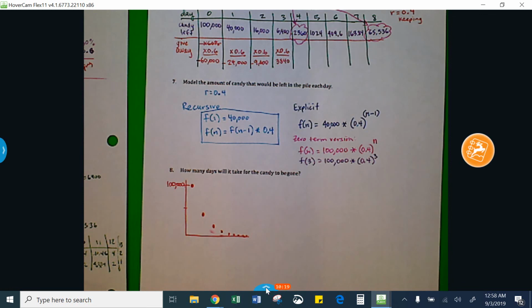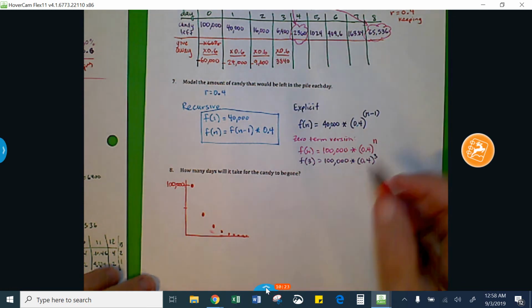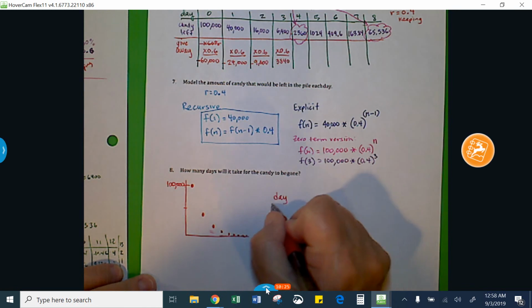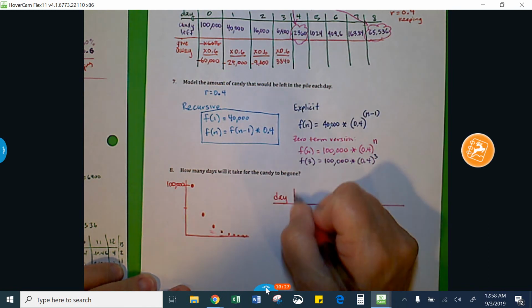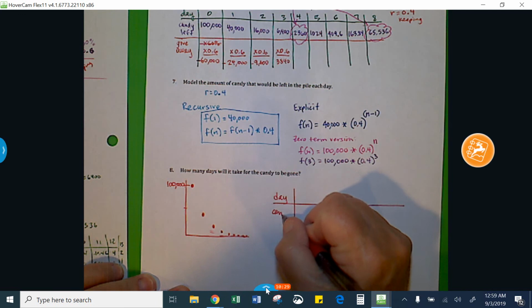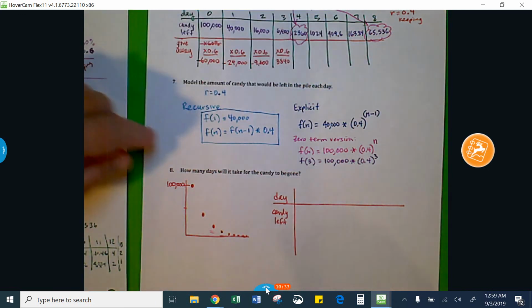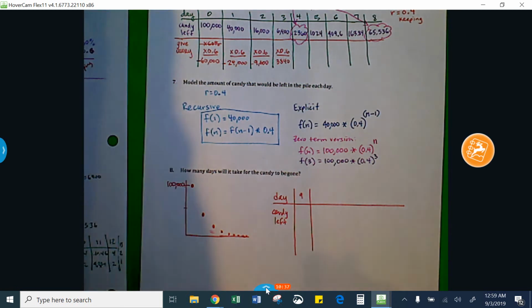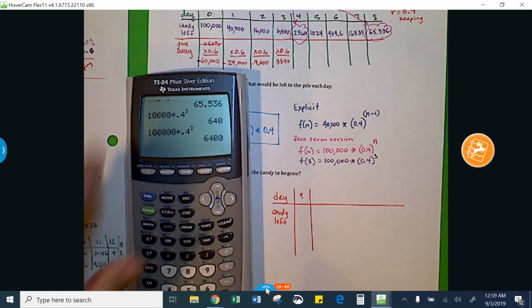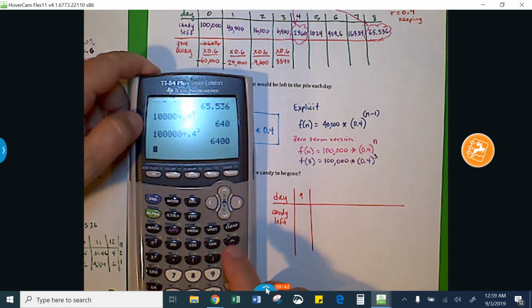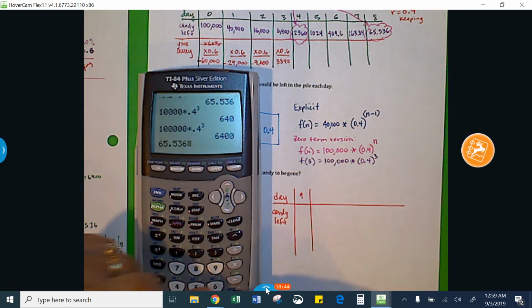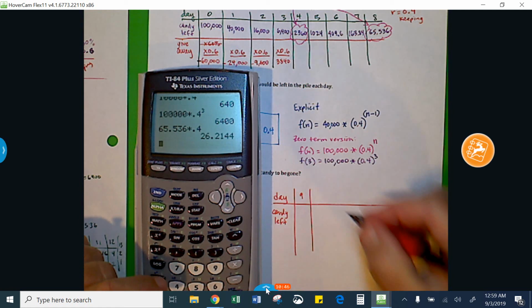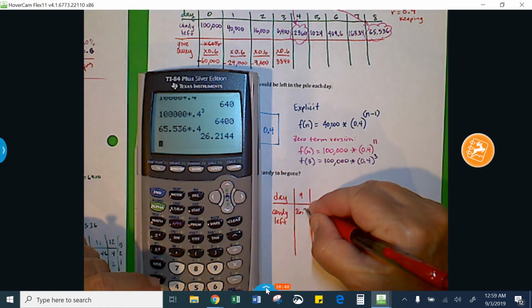I think we could just continue our table beyond 8. So let's do that. Because I don't think it's going to take that many more days. Let's see. And we'll just do this in our simple way by multiplying by 0.4. Continuing from the table above. So we have 65.536 times 0.4. That gives us 26.2144.